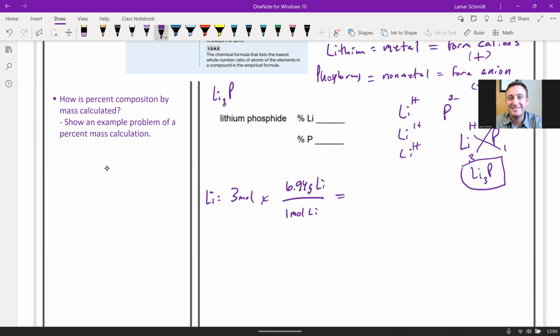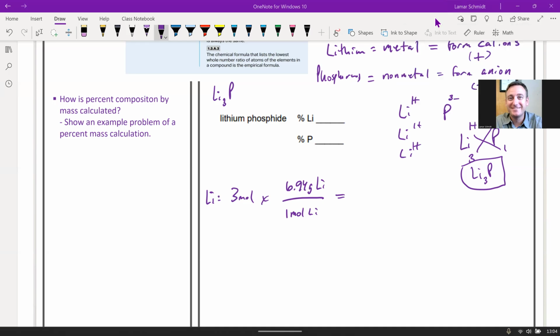And because those values are equal, that expression is equal to 1. So when we multiply 3 moles by this value, we're going to get that value in grams. Do you see that? It doesn't change because this expression is 1. We have a conversion factor. It's a ratio of equivalent values.